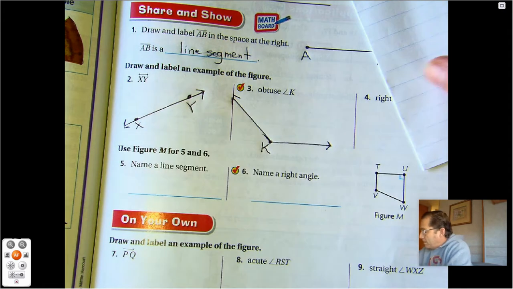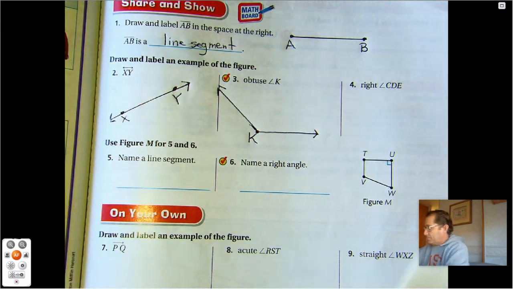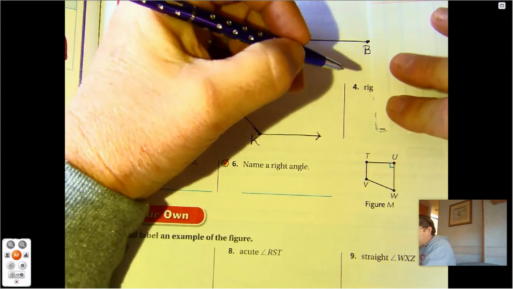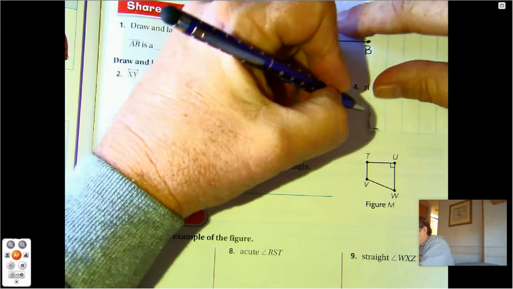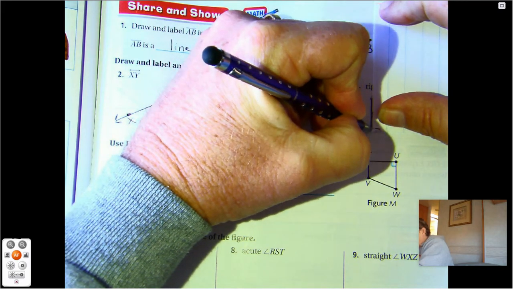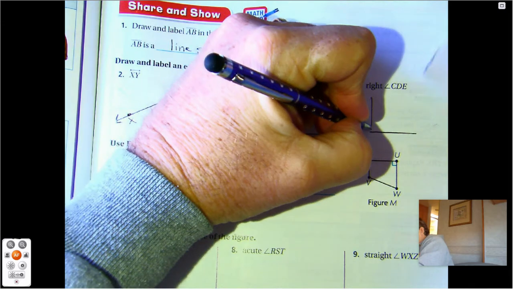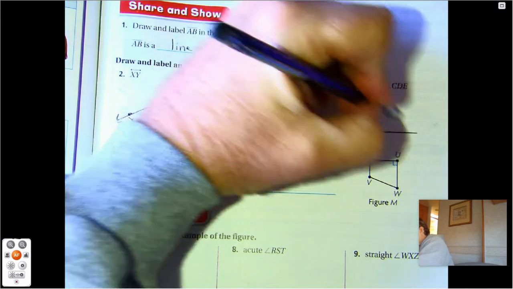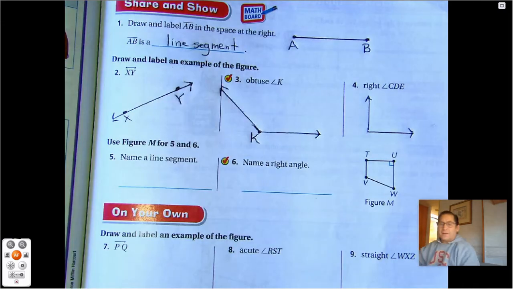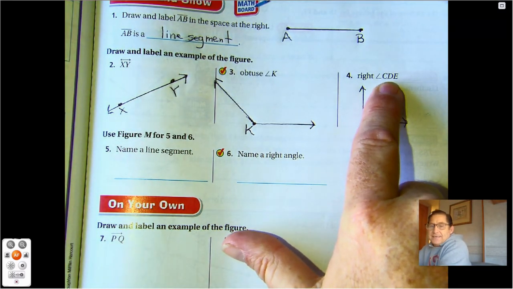All right, draw right angle CDE. Well, this time it matches the corner exactly of your tool. So it's going to make a square corner. And it's right angle CDE.